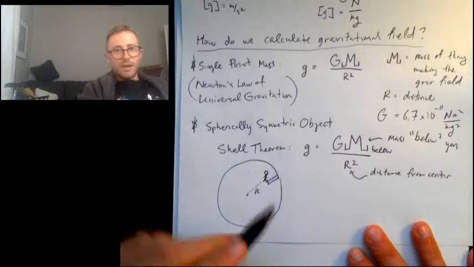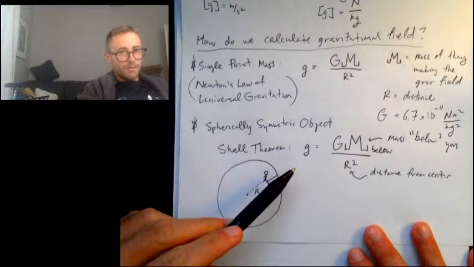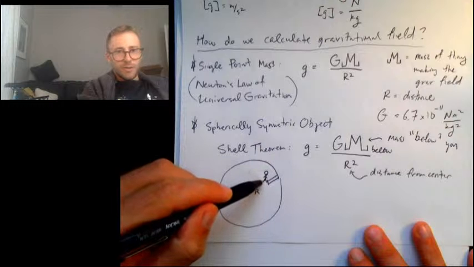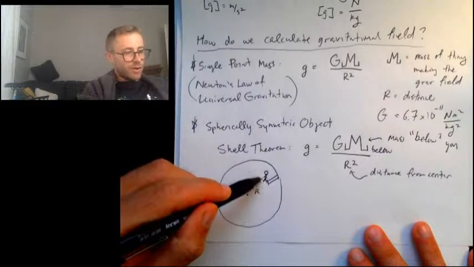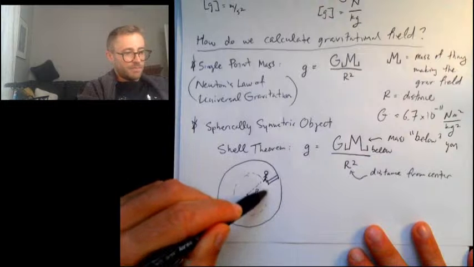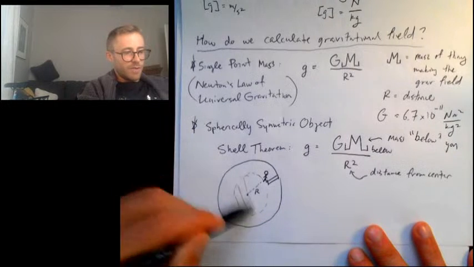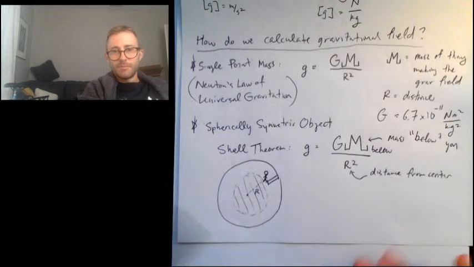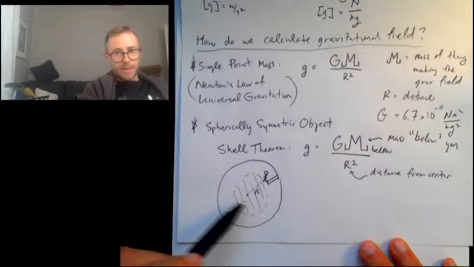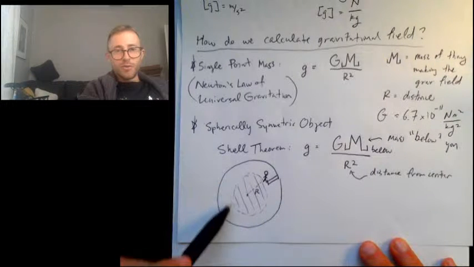And m below would be basically all of this mass that is below you. So whatever that mass is, that is m below. That is the amount of mass that is below you.